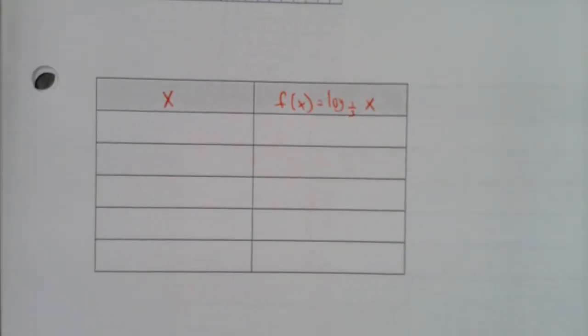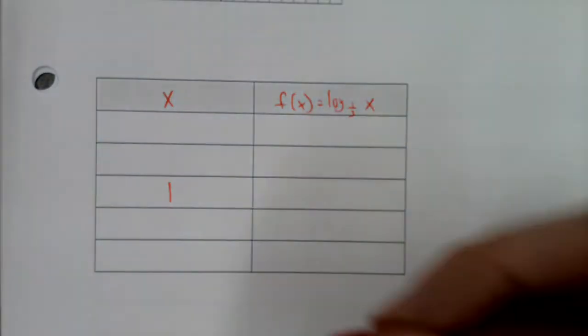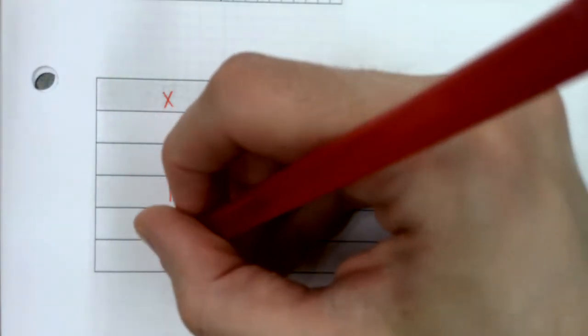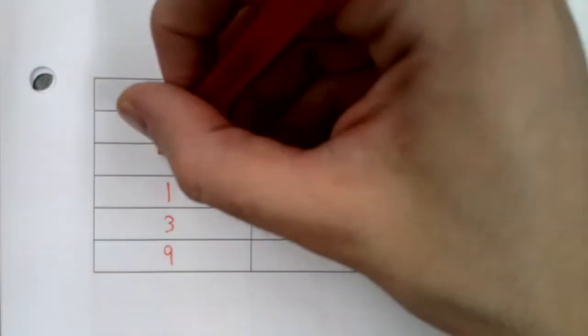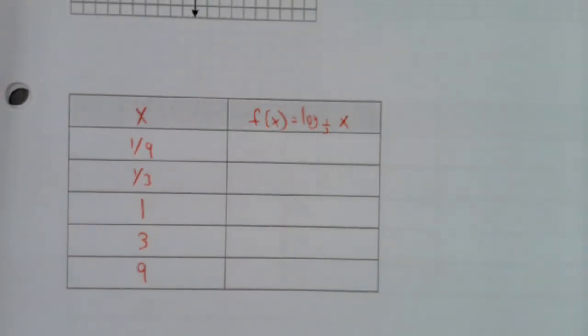So I'm going to pick x values I can easily get the log of. I can easily do log base 1/3 of 1. I can easily do log base 1/3 of 3, 9, 1/3, and 1/9. You just have to think logically.